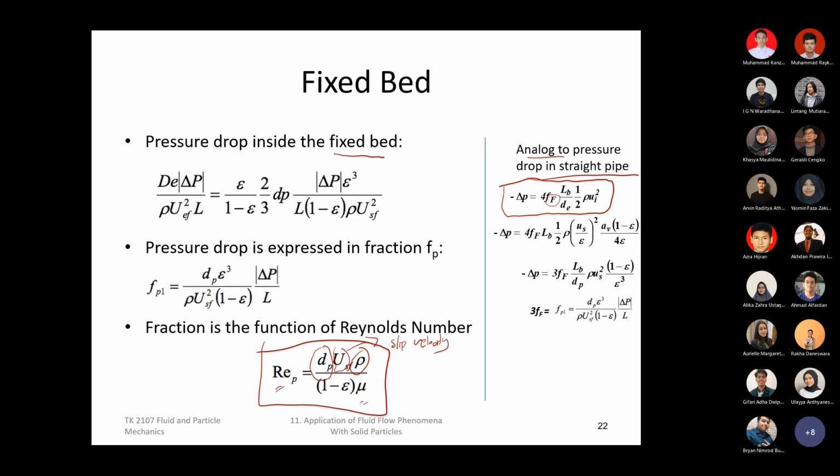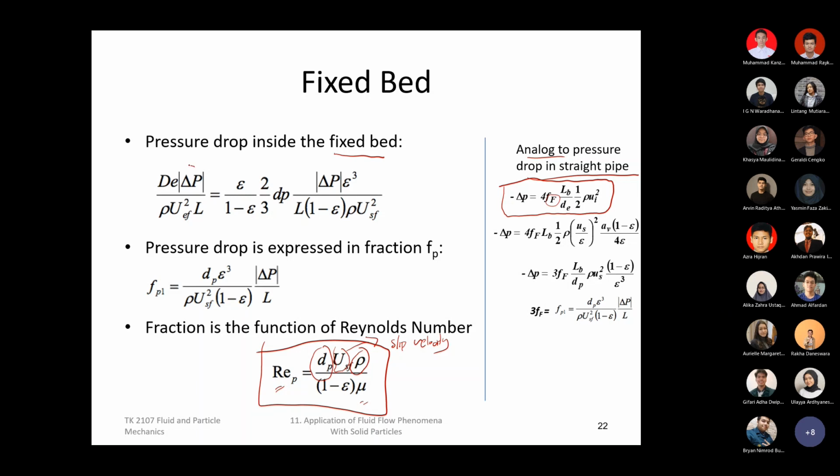So it's just a matter of the derivation. Now it can be converted into the delta P correlation with the particle presence in the stream.